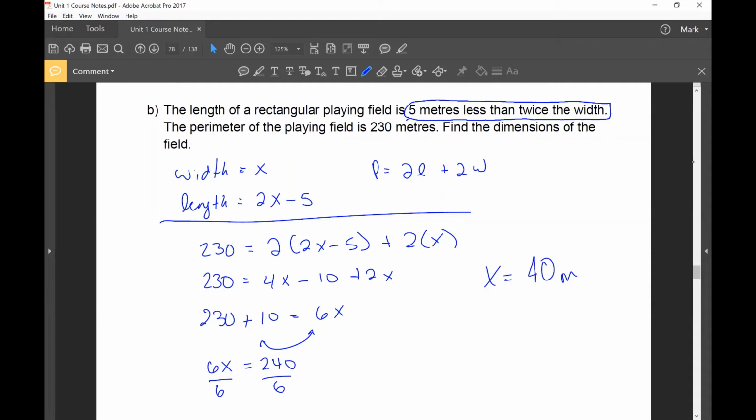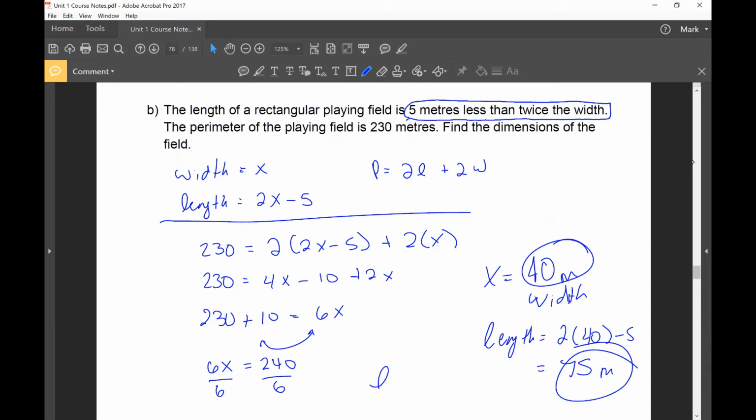So that's my width. And my length is going to be 2 times 40 minus 5, 75 meters. Done. Easy.